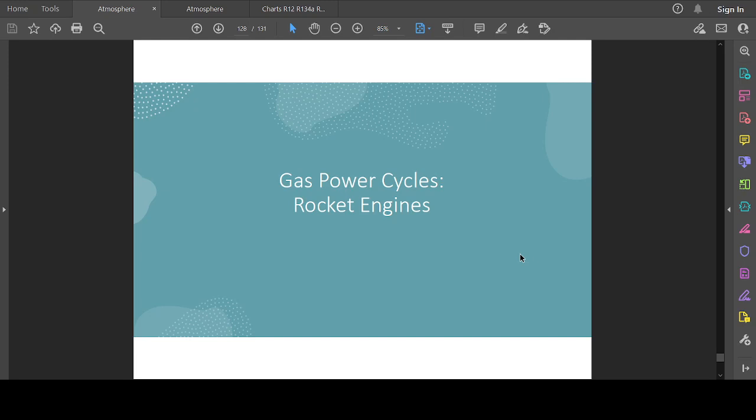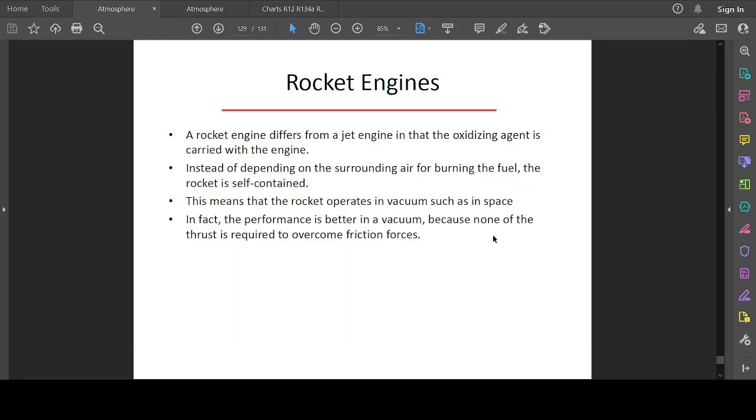So for rocket engines, what are the major differences between rocket engines and jet engines and the other equipment that we've discussed so far? The rocket engine differs from the jet engine in that the oxidizing agent is carried with the engine. Instead of depending on the surrounding air for burning the fuel, the rocket itself is self-contained, meaning that the oxidizer is carried along with the fuel.